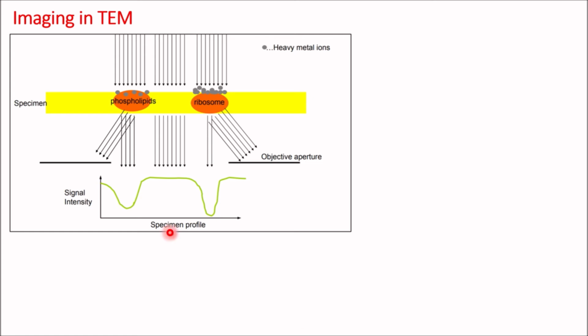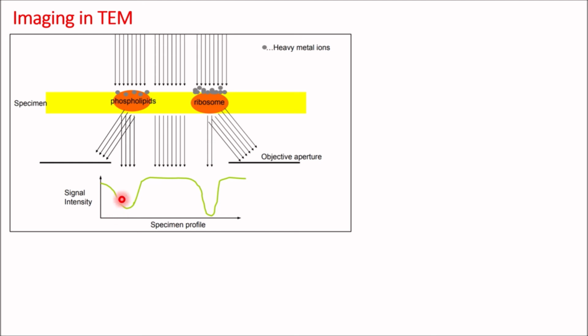The primary electron beam that passes through the thin specimen generates non-diffracted and diffracted electromagnetic waves. The objective lens collates the diffracted and non-diffracted waves in the image plane and forms the primary image.